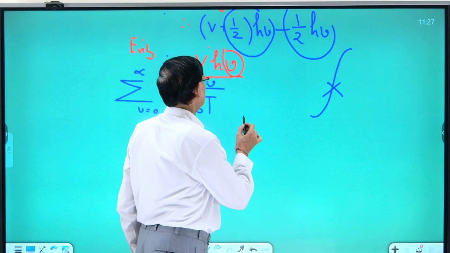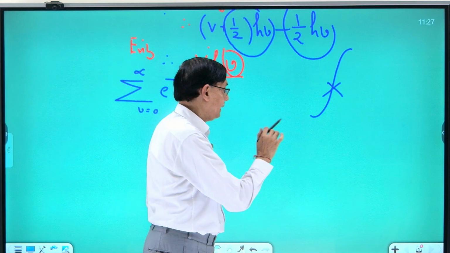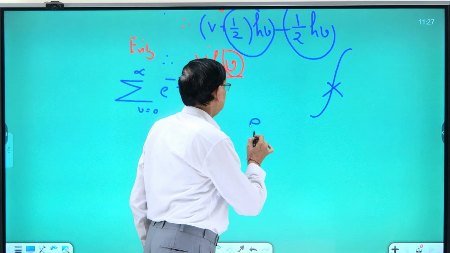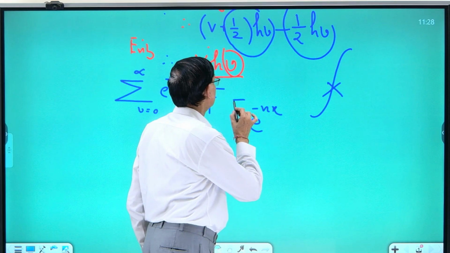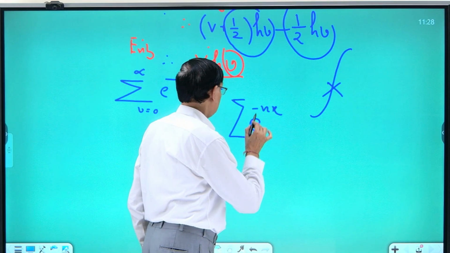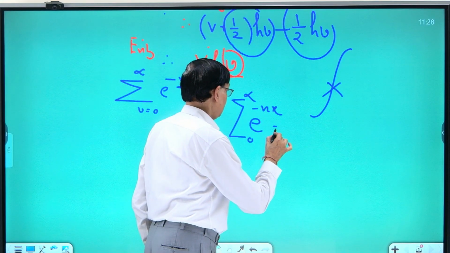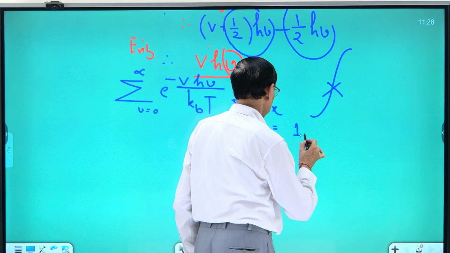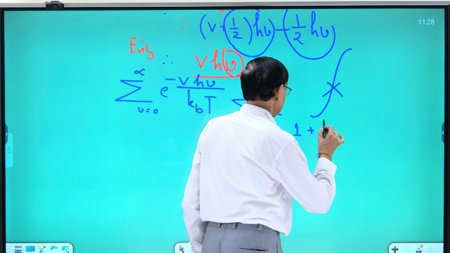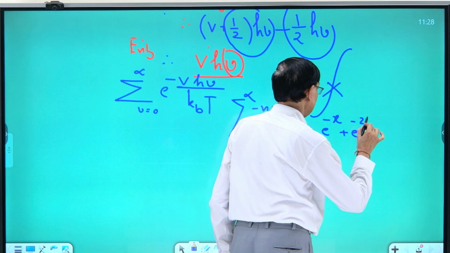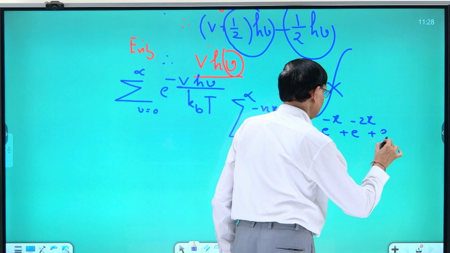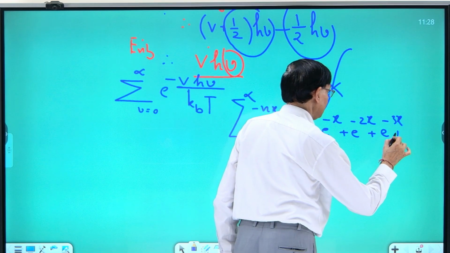That means it's a geometric series. If I write the summation from 0 to infinity of e to the power minus n x, you know that is very simple: 1 plus exponential minus x, exponential minus 2x, exponential minus 3x, like that, dot, dot, dot.